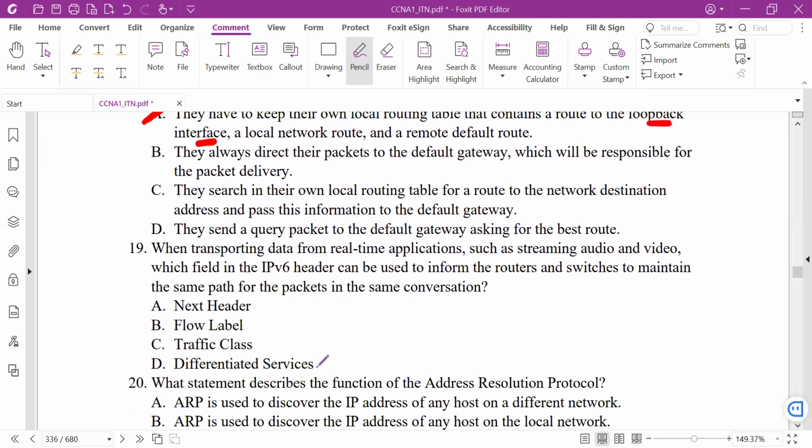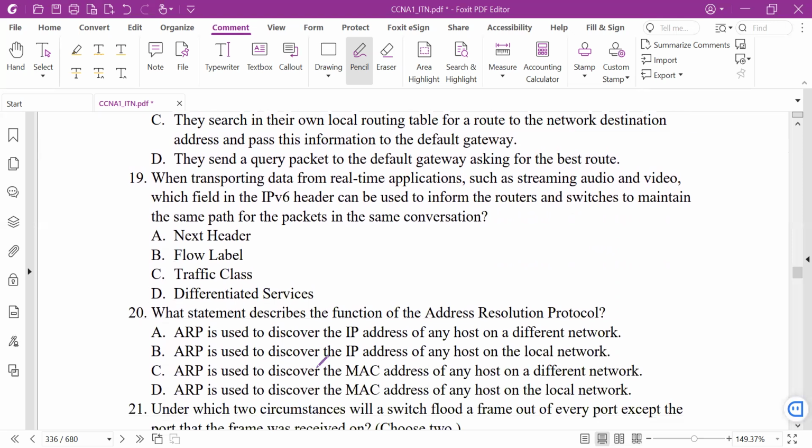All right, number 19: when transporting data from real-time applications, what does it mean when we talk of real-time applications? There's an example, such as streaming audio and video.